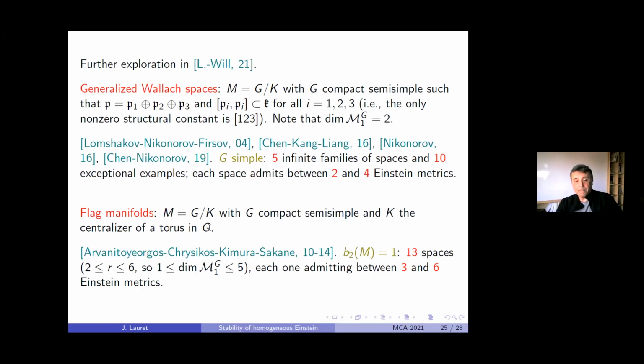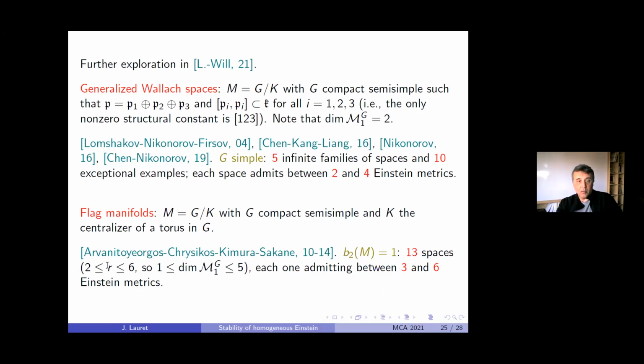But if we assume that the second Betti number is 1, then they are classified. You get 13 spaces, each one admitting between 3 and 6 Einstein metrics.